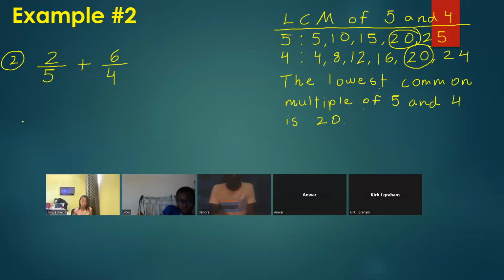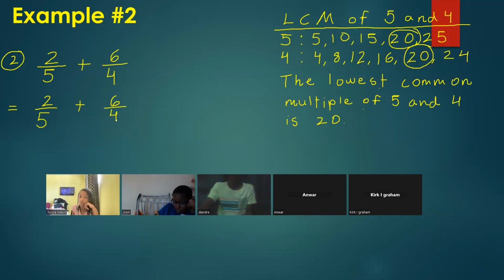So after we do this, Ariana, what's the next thing we're gonna do? We're going to make the denominators the LCM of 5 and 4. Very good. DeAndre, how are we gonna do that?